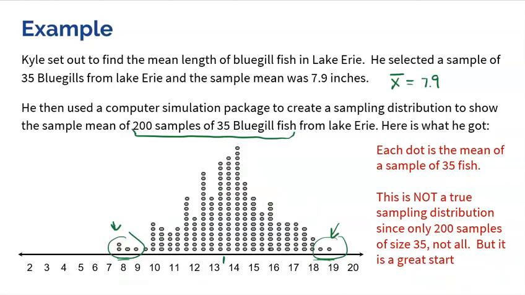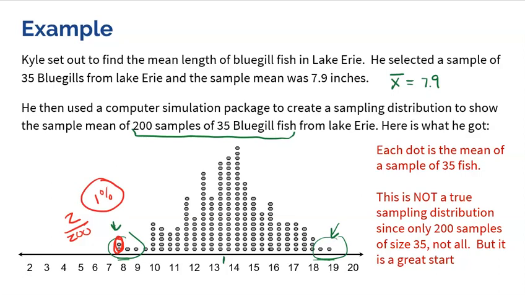Now let's go back to our fish. Kyle had a mean of 7.9. Is his sample significant? I'm going to go ahead and say yes. It looks like only 2 samples came back that low. 2 out of 200. Now, 2 out of 200 is about 1%. There's my significant number.